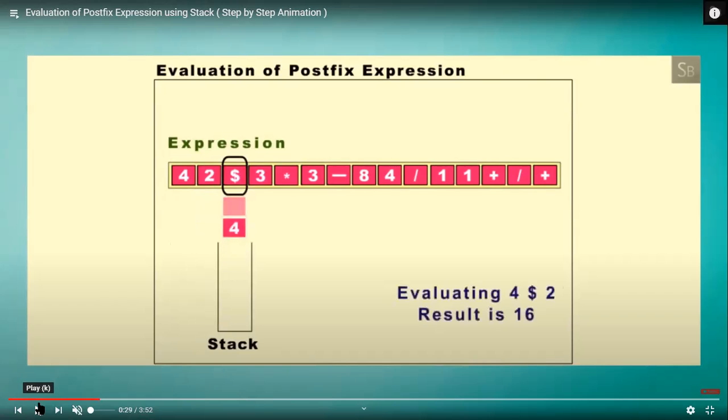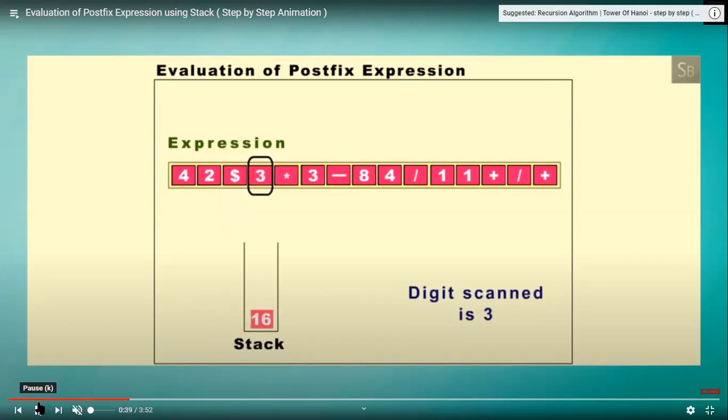The last operand was 2, and the second operand is 4. So it will be evaluated as 4 $ 2, and the result is 16. So 16 is the result which will be placed on the stack.